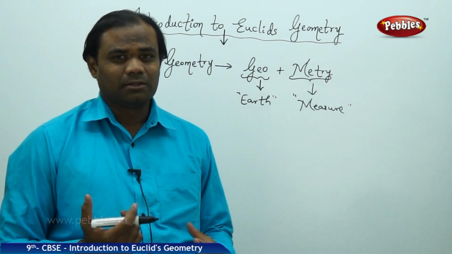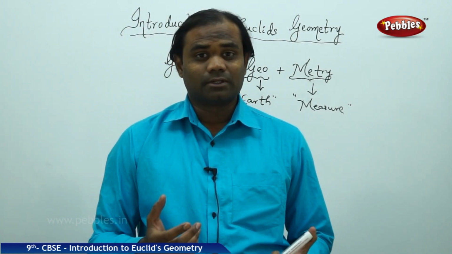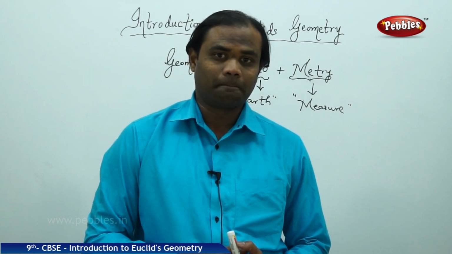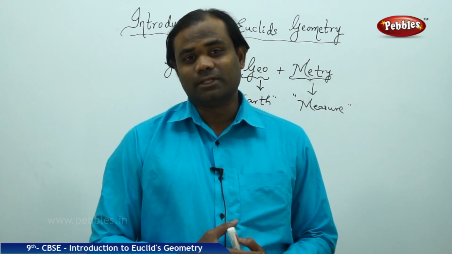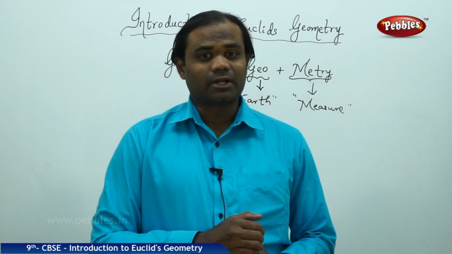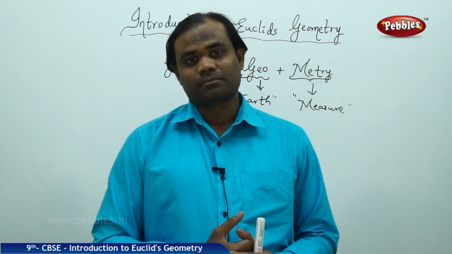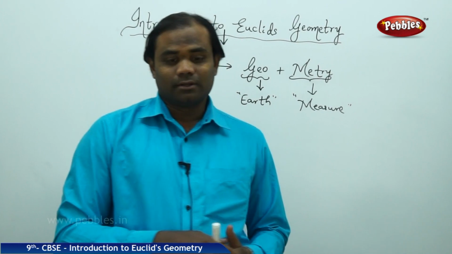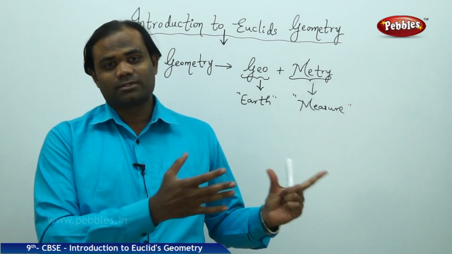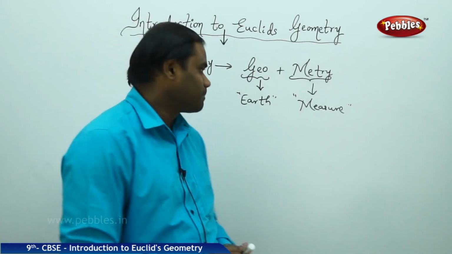But why did the mathematicians during those times give importance to measuring the earth? That is the biggest question here. To understand the reason behind it, let's take the history back into existence. During those times, many Greeks had different plots or farms which the farmers had divided.